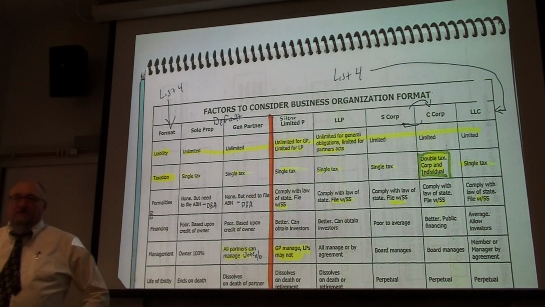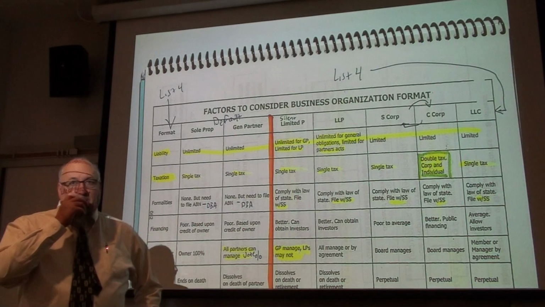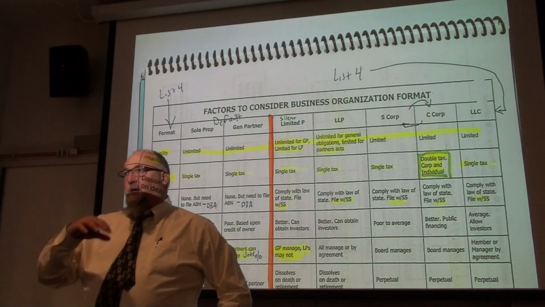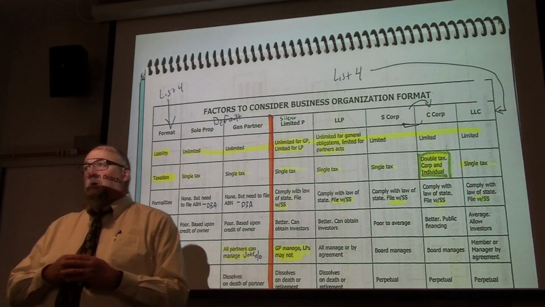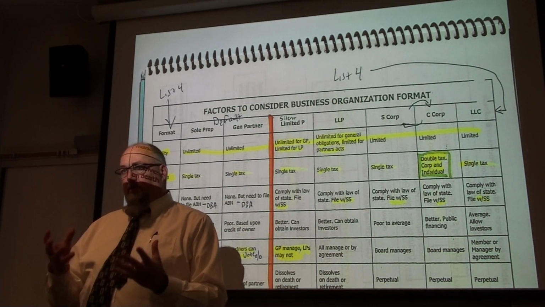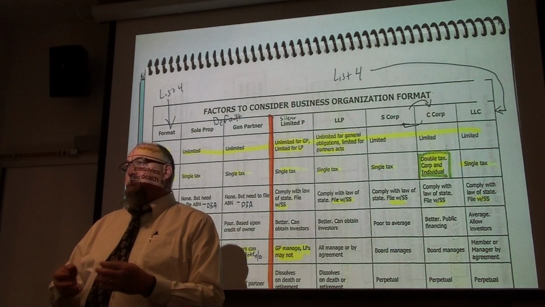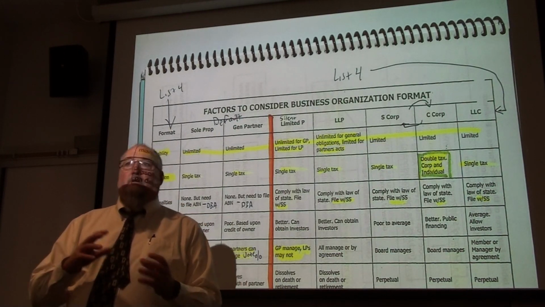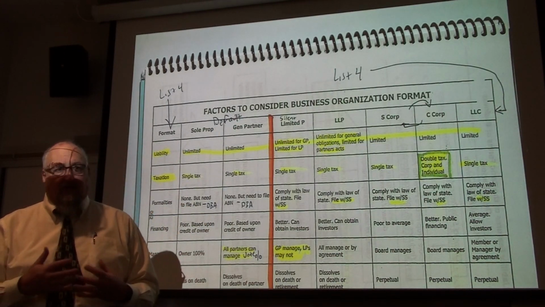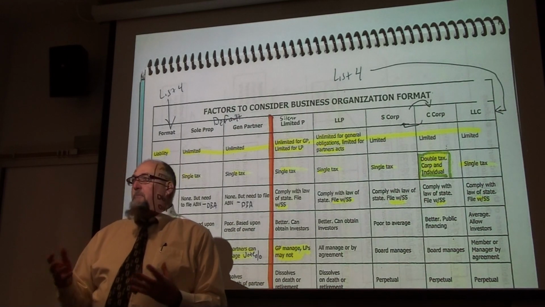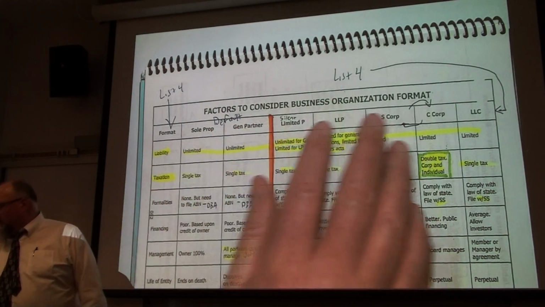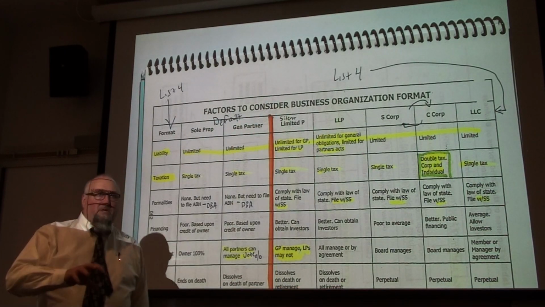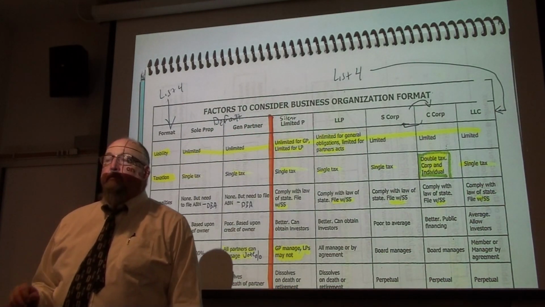So those are the basic organizational formats that we take a look at when we're deciding we're going to start a business, what is going to work best for us, what is going to accomplish the goals that we want in terms of taxes and liability protection and management and all of those kind of things, the ability to raise money in the public, all of those different issues. So those are the 7 types of business organizations.